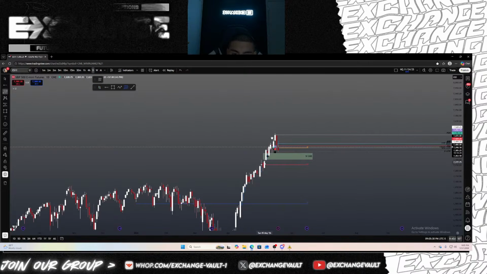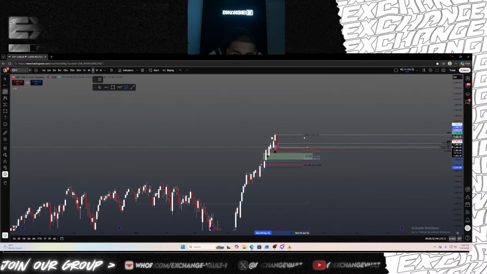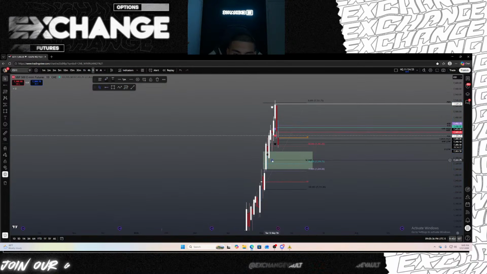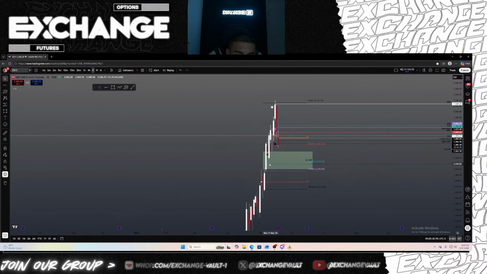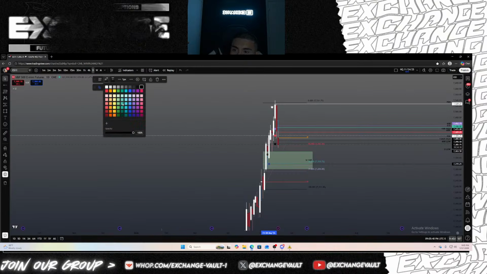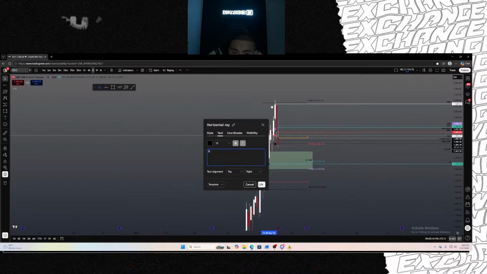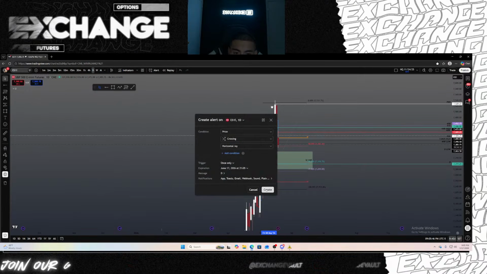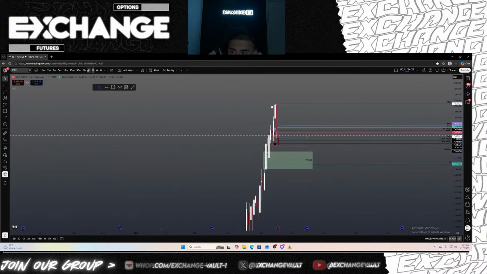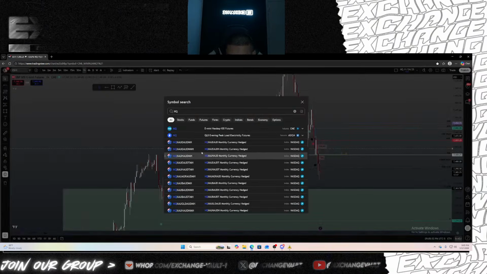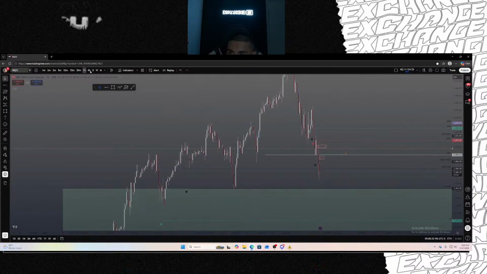We can do it from this unmitigated area here, from the low to the high. Okay, look at this. Daily optimal right into the weekly imbalance, which is this here. I'll just set that there. I'll set my alert, and then that's pretty much it. I don't need to draw up anything. Nothing else for me here. Let's go do NQ real quick, and then we're gonna be done for the night.